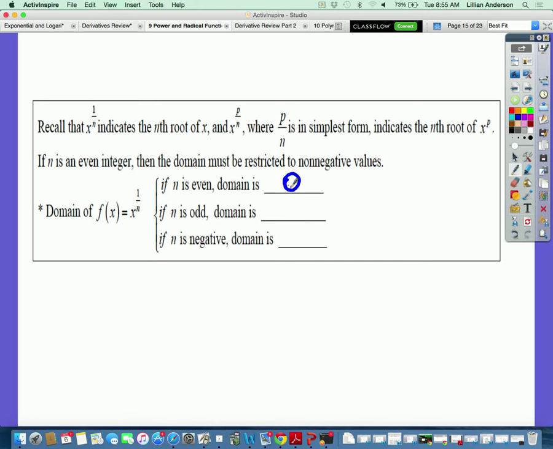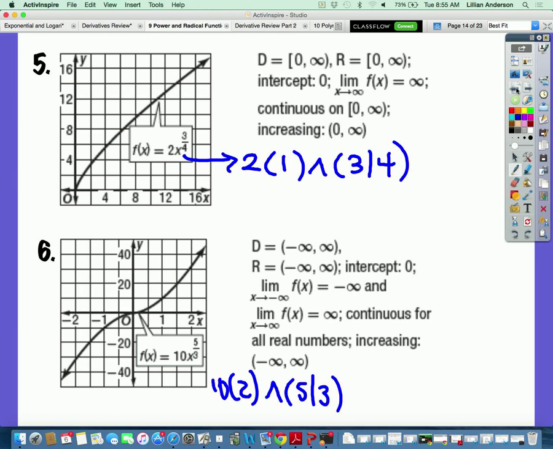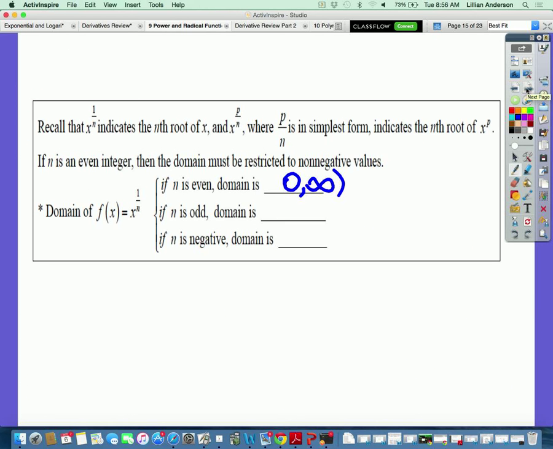Non-negative values are from 0 to infinity. Okay? If you look at the example from your homework, if n is an even number, like it was in number 5 from your homework, you're restricted to just the non-negative values. You guys see that right there? Is 0 included? Yes, it is. Okay? So if n is even, the domain is 0 to infinity, included.